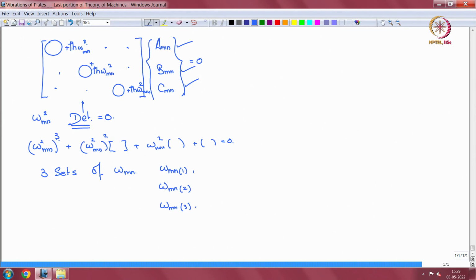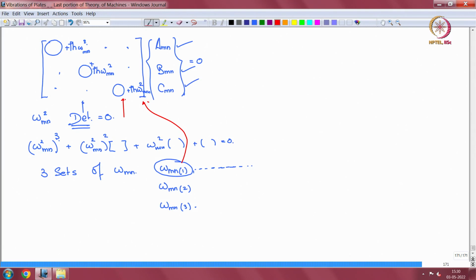Now suppose I pick one from the omega mn first set. They are a list: m goes from 1 to infinity and n goes from 0 onwards, so there is an infinite number of resonances even in just the one set. I substitute this number back in here. Because it is a root, the matrix becomes singular.